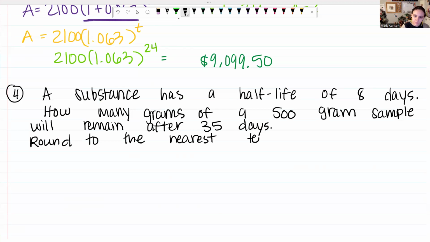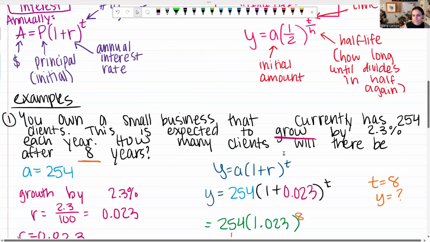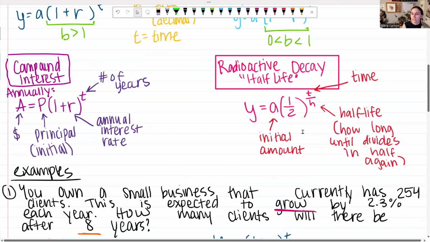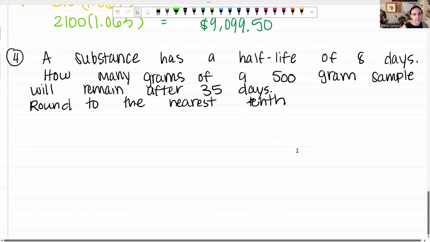So we are going to use the half-life formula, and the half-life formula is y equals your initial amount A times 1/2 to the t over h power. I'm going to write that down.